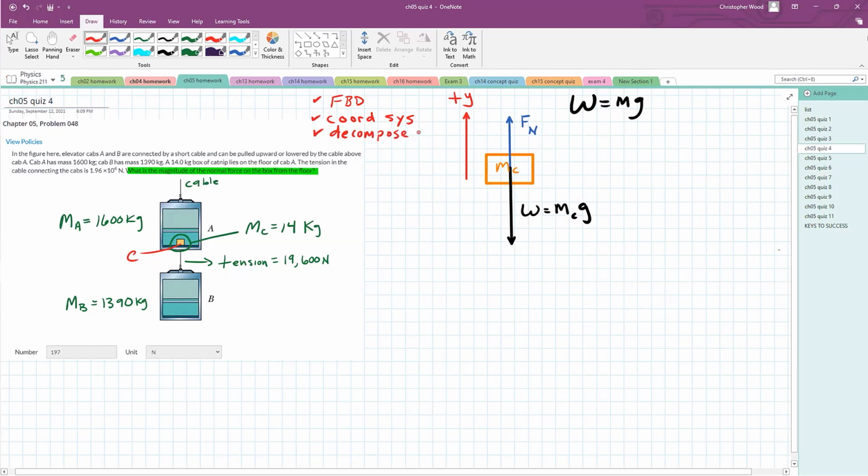So I'm done with decomposition because there are no 2D vectors. There are only one-dimensional vectors. My next item is to do the X force inventory and/or Y force inventory. And again, I don't have anything going on in X, so this will be a Y force inventory. And then after you do the inventory, say something about acceleration.